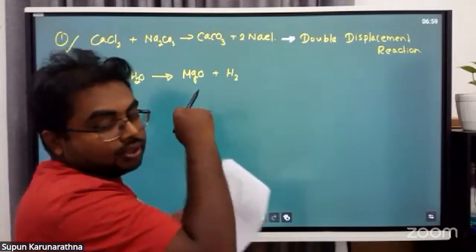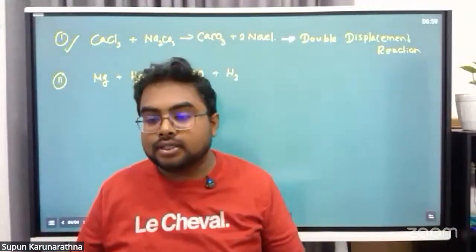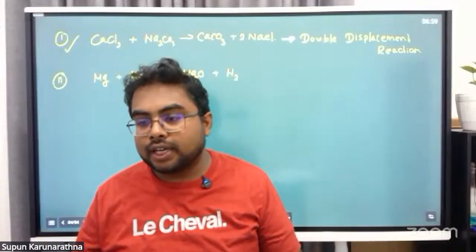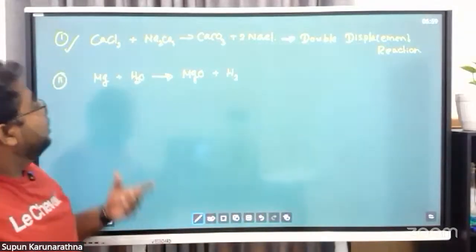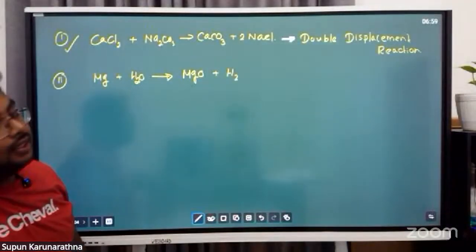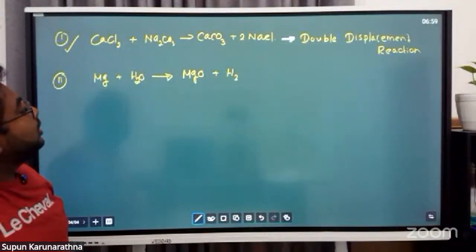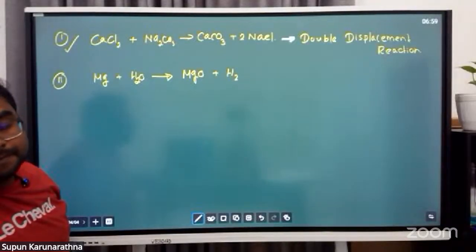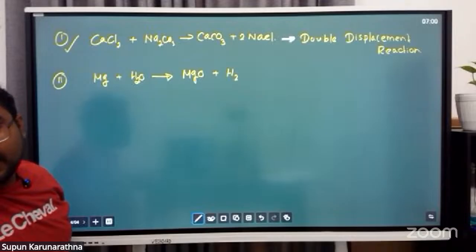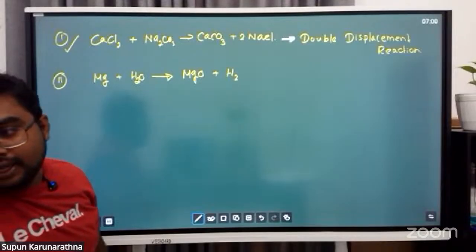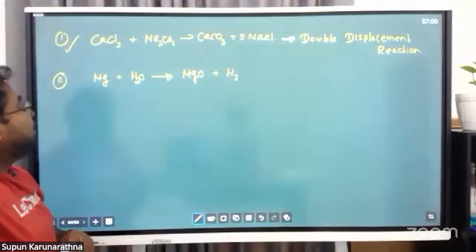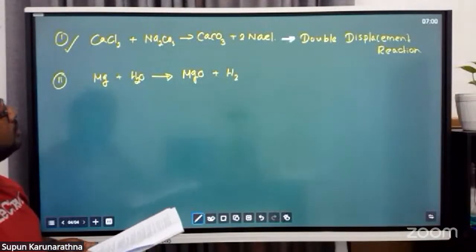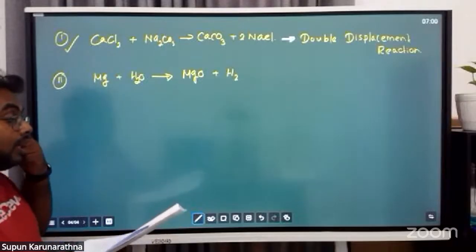What is the type of this reaction? Tell me your answer. Is it combination, single displacement, or double displacement? Single displacement. Anyone? Magnesium reacts with water, it forms magnesium oxide and hydrogen.